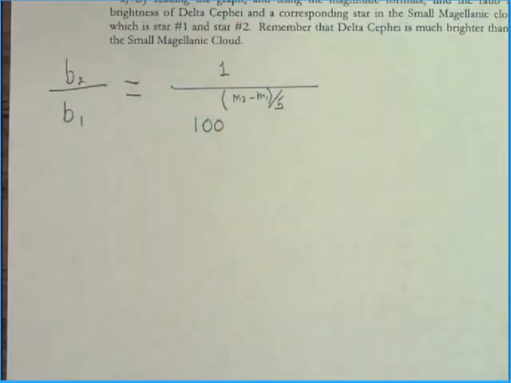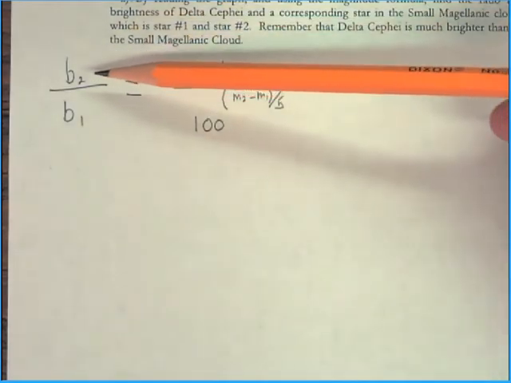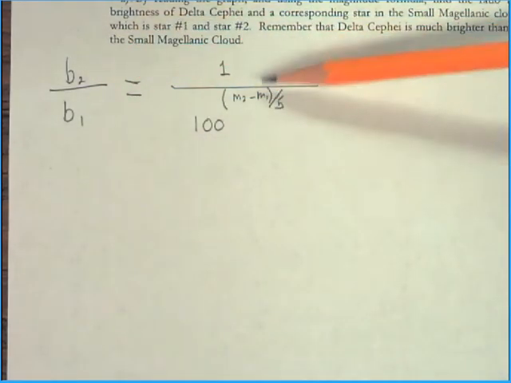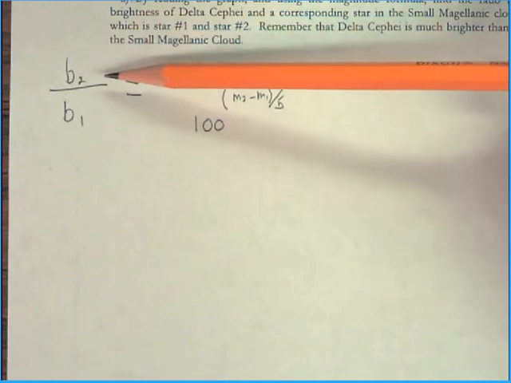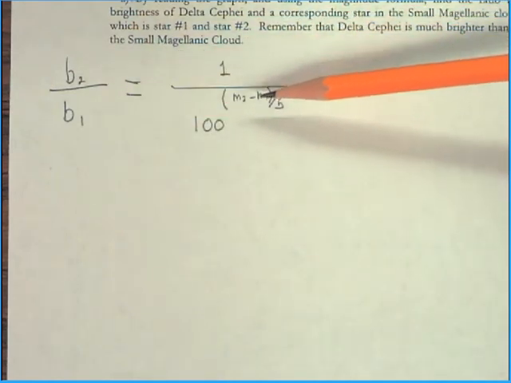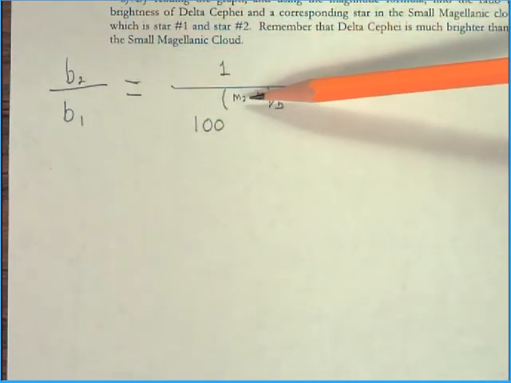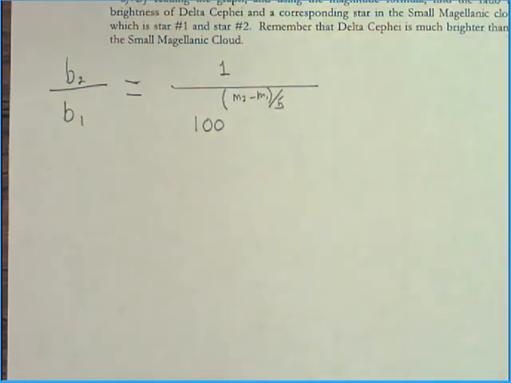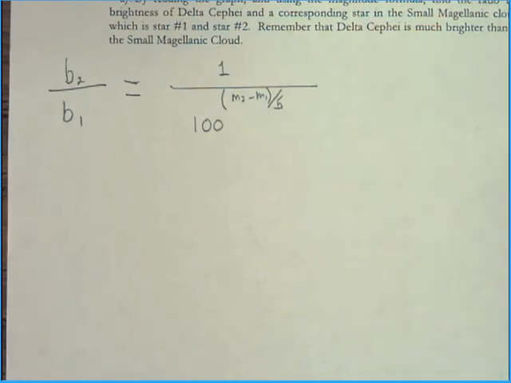Okay, this is the formula as I copied it over. I use the most logical form, which is B2 over B1 is 1 over 100 to the difference in magnitudes divided by 5, because recall, for a difference in 5 magnitudes we have a ratio of 100.